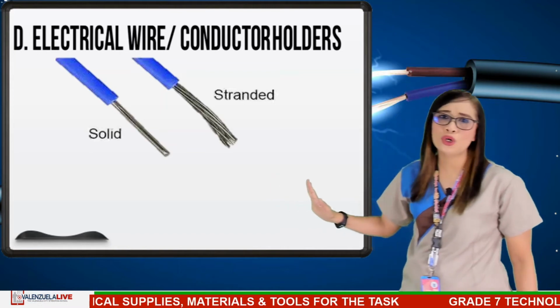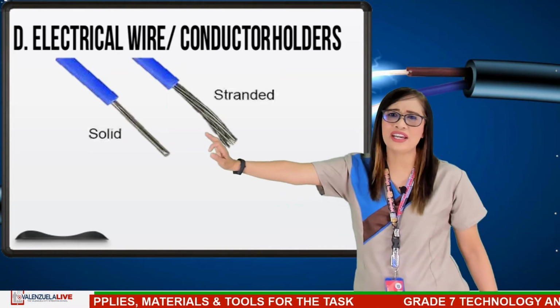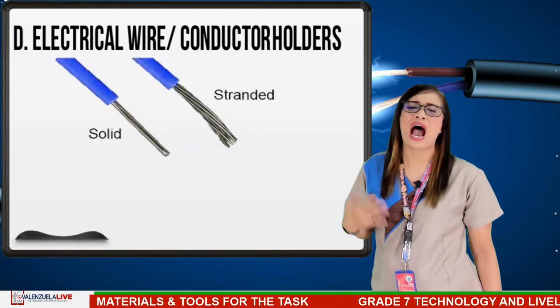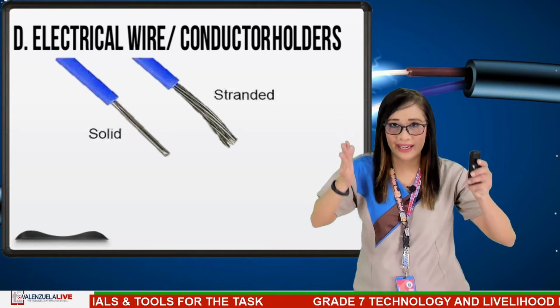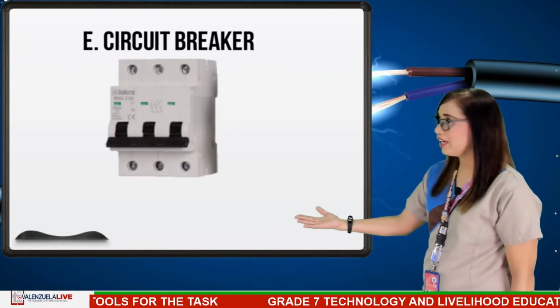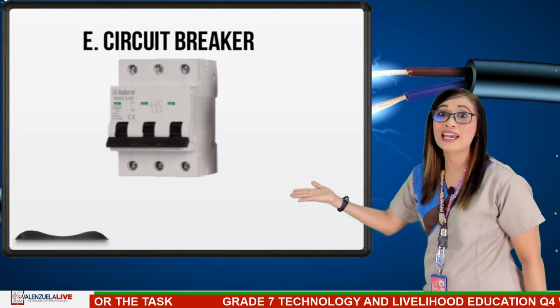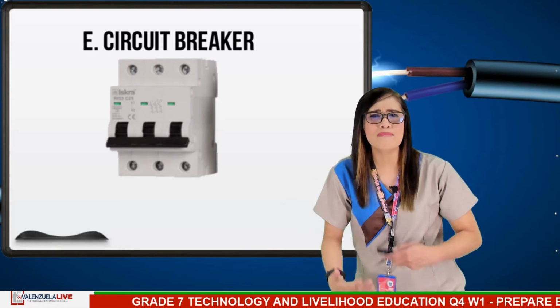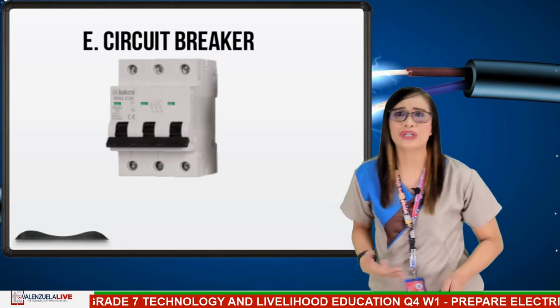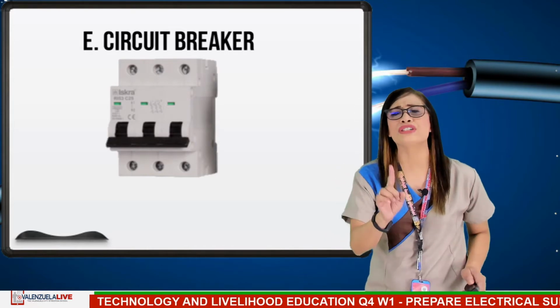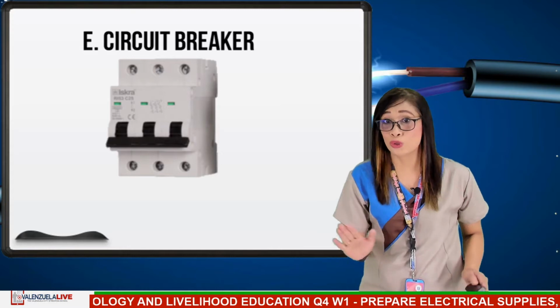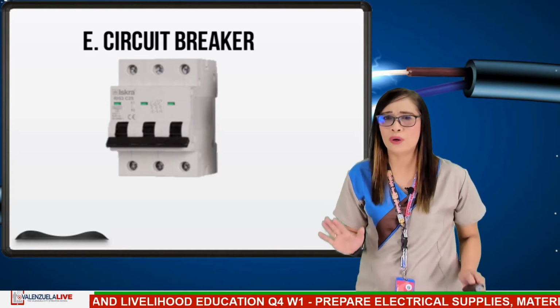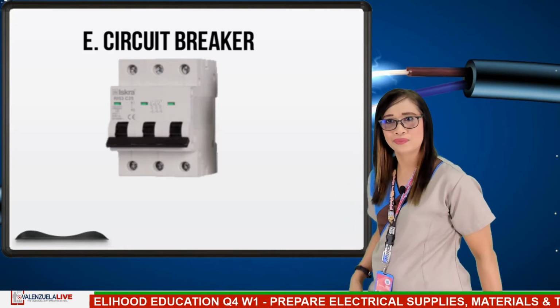These are used in wiring installation inside and outside the buildings. Circuit breaker. This is a protective device used to automatically interrupt the current when trouble in the circuit, such as short circuit or overload, occurs.